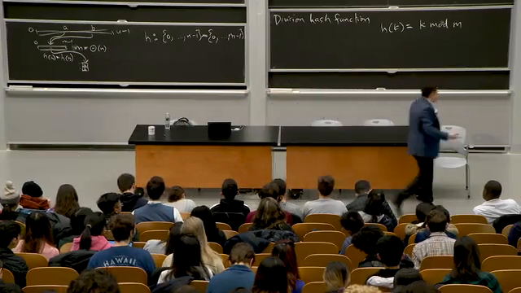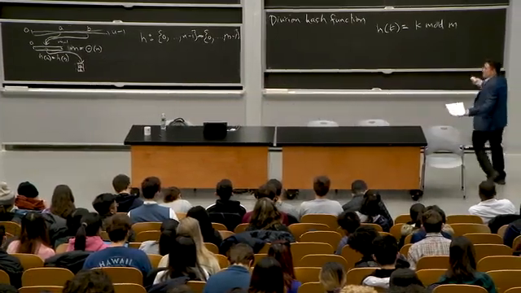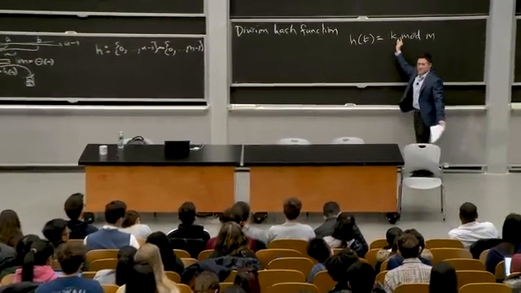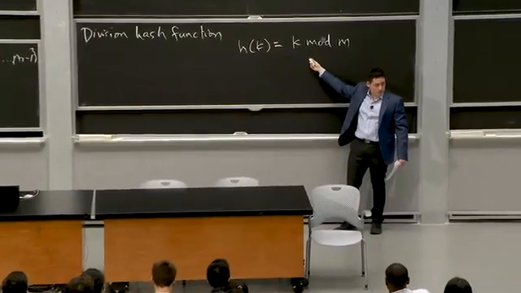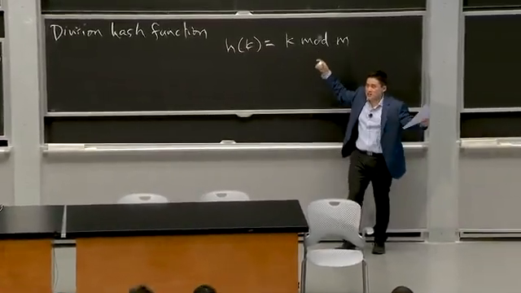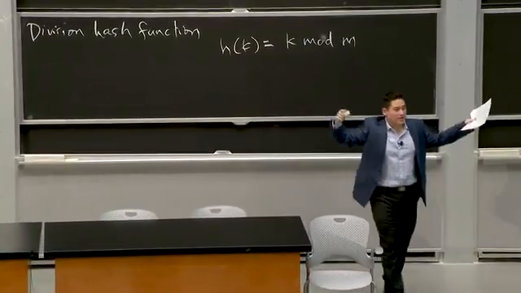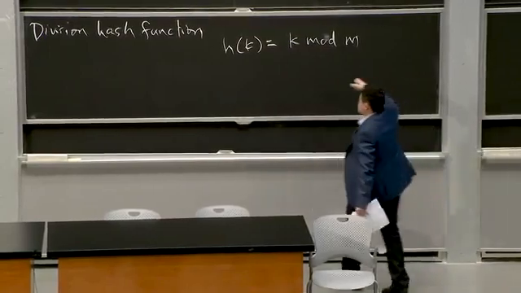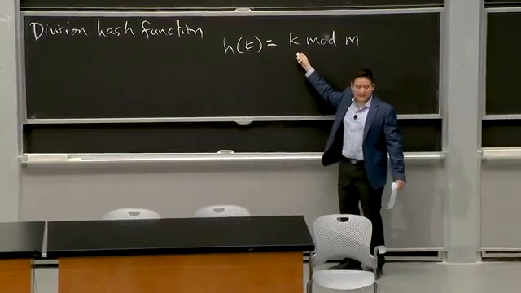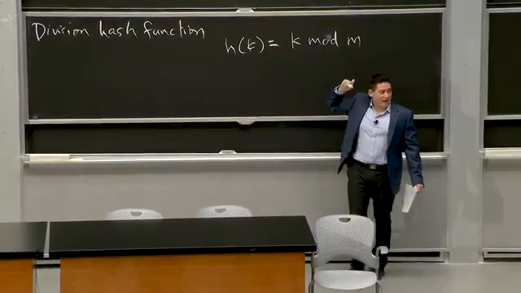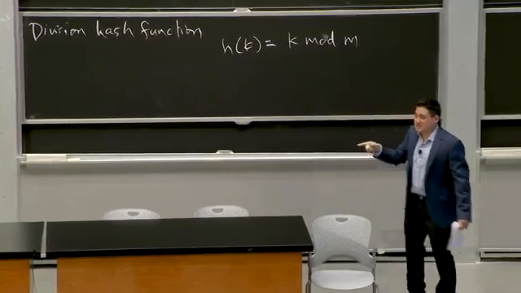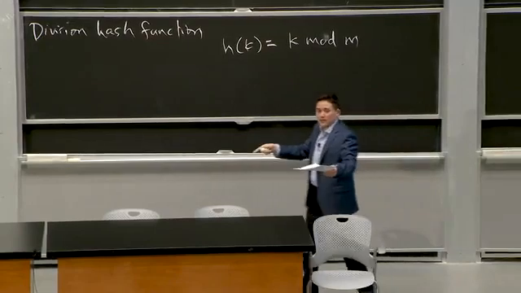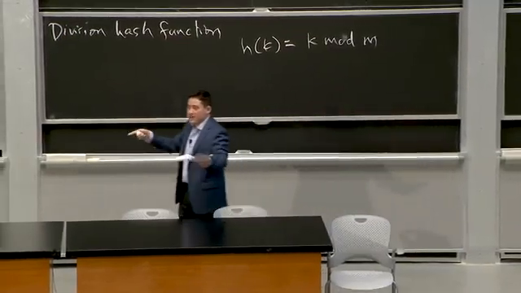But this plus a little bit of extra mixing and bit manipulation is essentially what Python does. It jumbles up that key for some fixed amount of jumbling, and then mods it by M and sticks it there. It's hard-coded in the Python library what this hash function is.